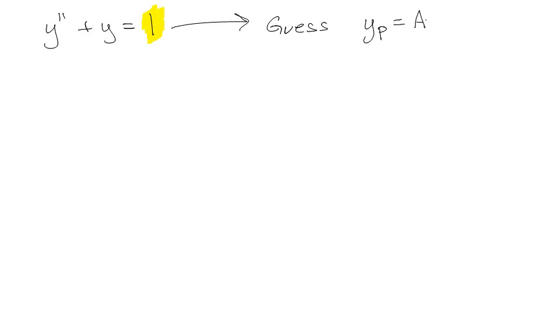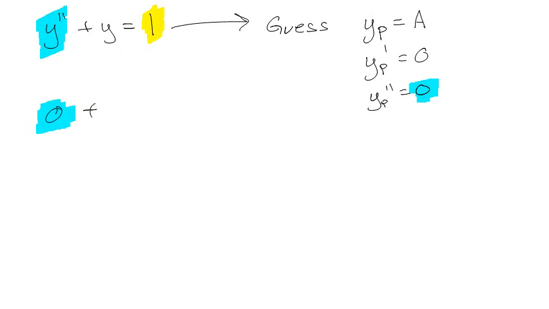Maybe I didn't know what that constant was, so I'm going to guess a general, generic constant, and then I can plug it in. So I can plug in 0 for y double prime. So I've got 0 plus y, which was a.